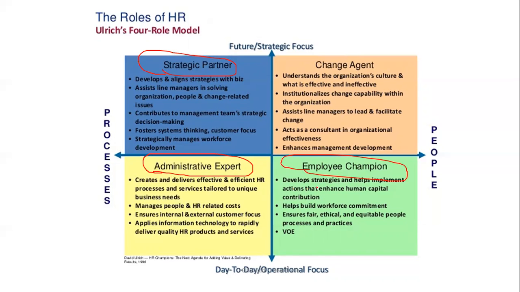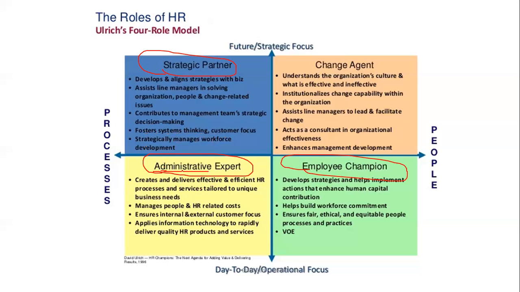So if you see the diagram which is given, it has four quadrants. It talks about the partner developing or aligning the strategies, assisting the line managers, contributing to the team with decision making, fostering system thinking, focusing on strategically managing workforce development. When we say administrative expert, it talks about creating and delivering effective HR processes.